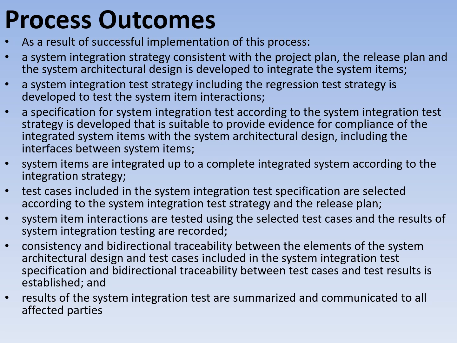Again, we do the system strategy, then specification of the integration strategy, and actually executing the integration, and the test cases for integration testing, and actually executing the system as per the test cases, establishing the consistency and bidirectional traceability, and of course, last the communication. These are the process outcomes.